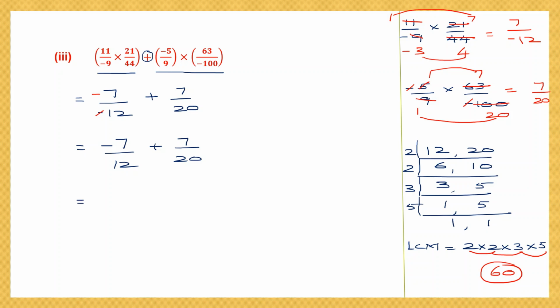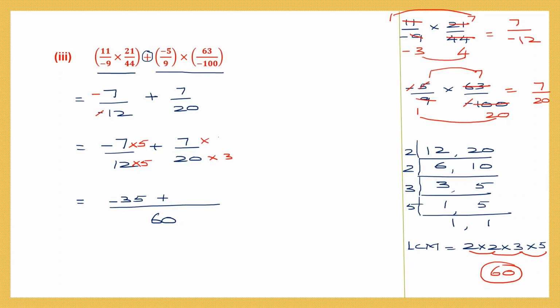So let's use 60 and work out. So 60 is the common denominator. Let's go to the first denominator here, 12. 12 5s are 60. So minus 7 into 5. Minus 7 into 5 is minus 35. 7 5s are 35. Plus 20 is the denominator. 20 into 3 is 60.